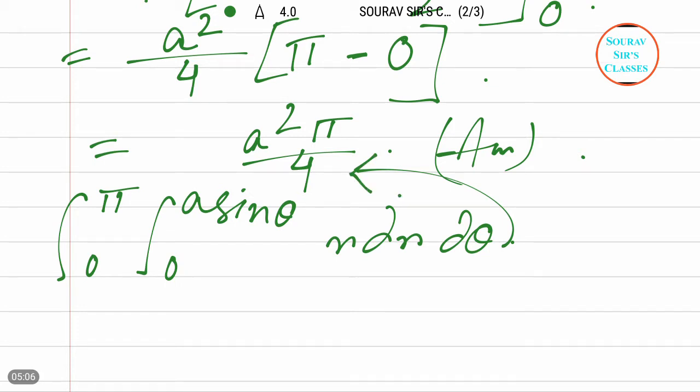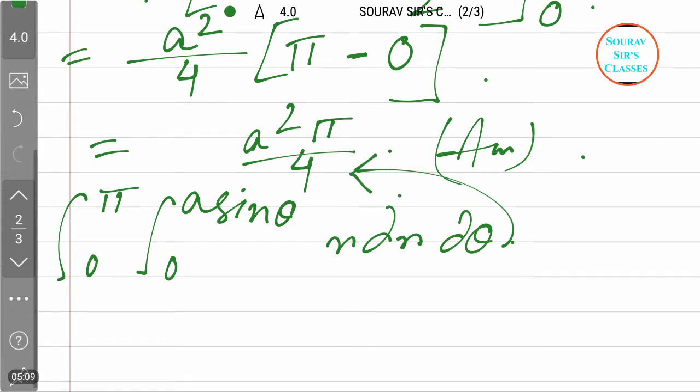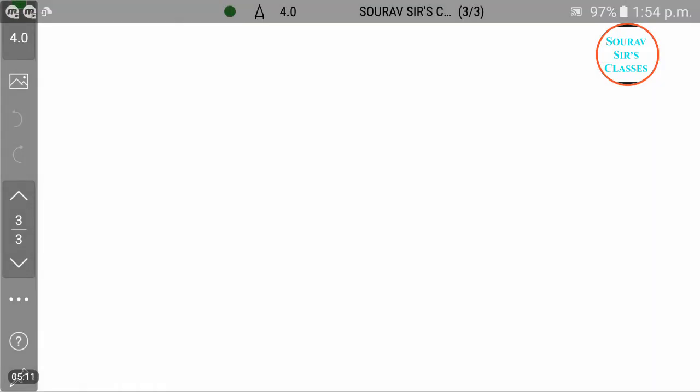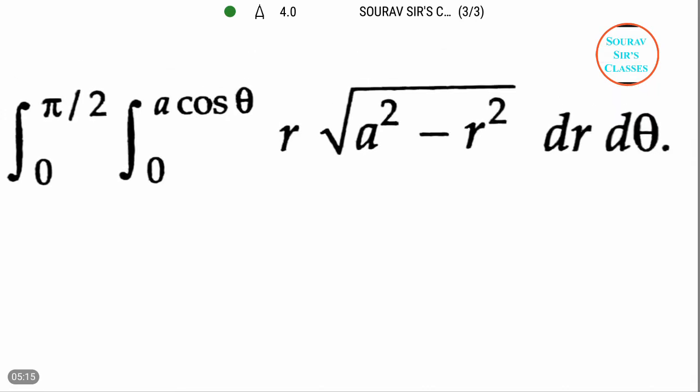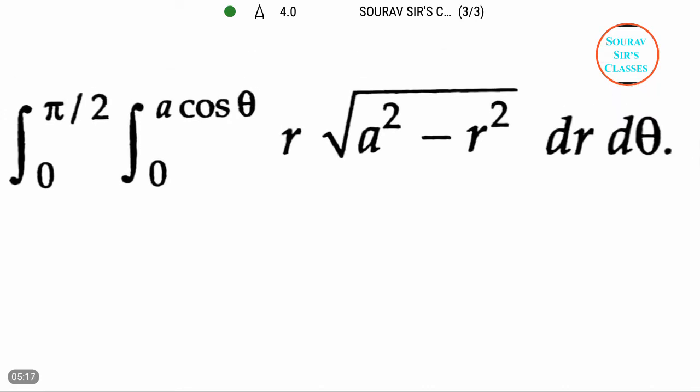Okay, now let's proceed to our next question. Okay, here is our next question, and here again we will have to apply the formula of double integration.